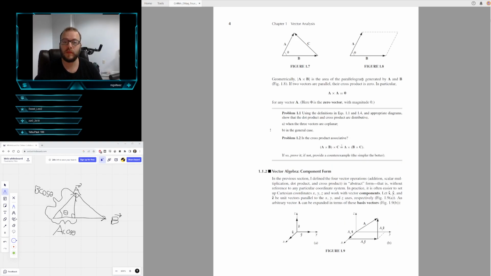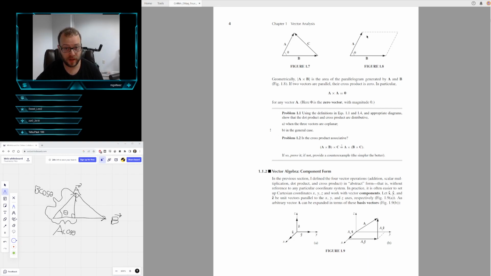So, what does A cross B mean? Well, A cross B times the sine of theta is simply the area of a parallelogram defined by sides A and B. Remember, sine theta times A or sine theta times B will give you the height of the parallelogram, depending on how you're looking at it.